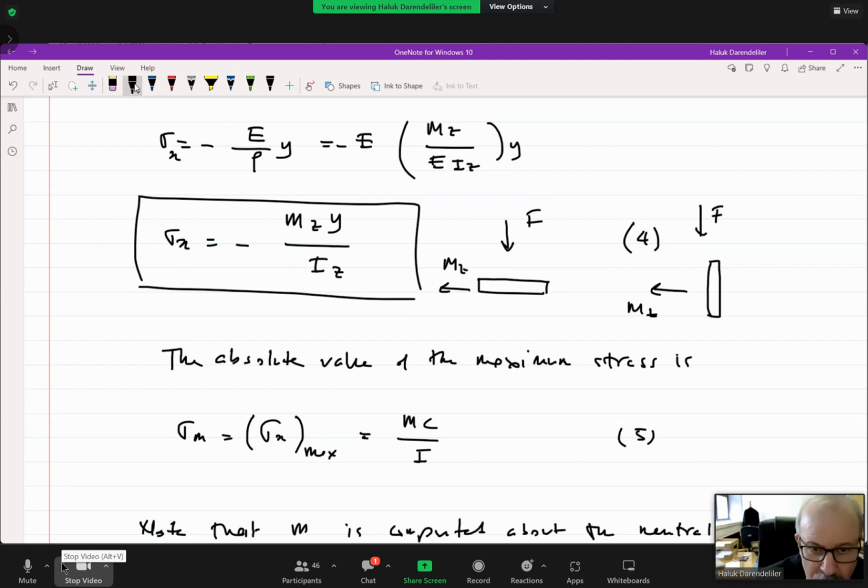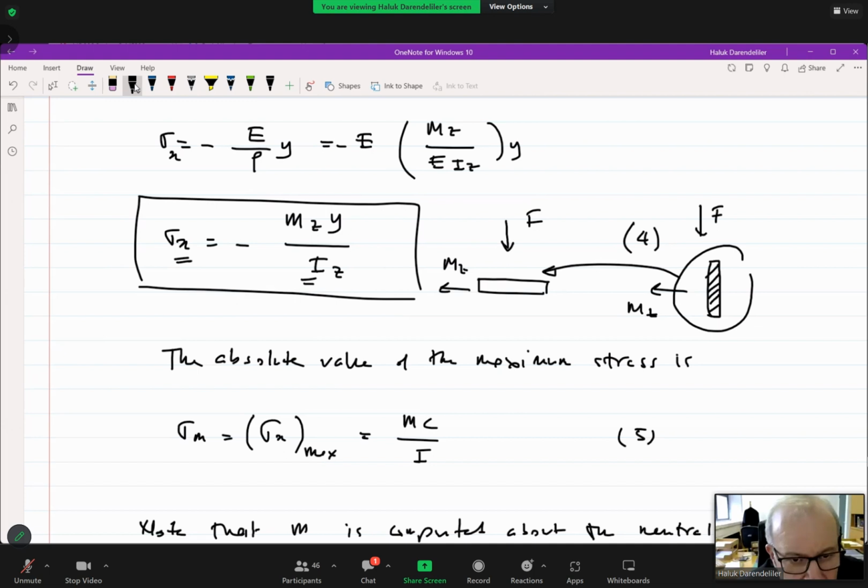Yes, good. Look. Since sigma is inversely proportional to Iz, and since from statics we know that the moment of inertia of this is much greater than that, we have to use this orientation for the design. Is this clear? Look, friends, listen. We didn't change anything.